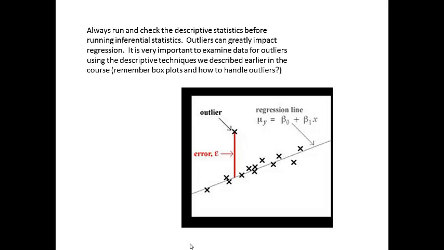And that is very true in terms of regression. Outliers can greatly impact regression. Remember that we made box plots, or you can do a stem and leaf, to find out if there is a variable that could impact the error in your model. I would refer you to those lectures as far as how we handle outliers in a sample. The main thing is that you want to take care of them because they can certainly impact the residual error in your model.